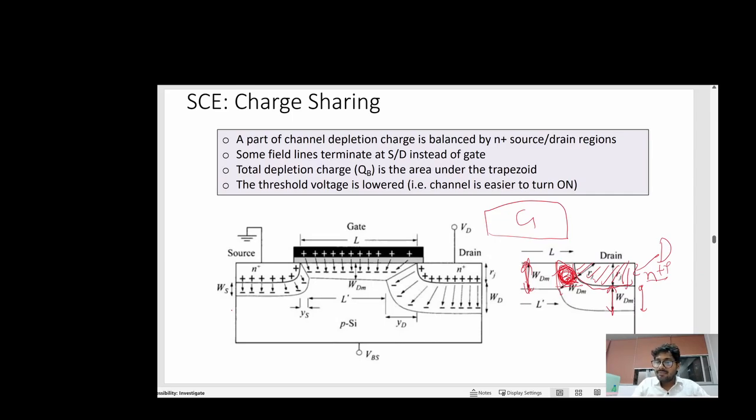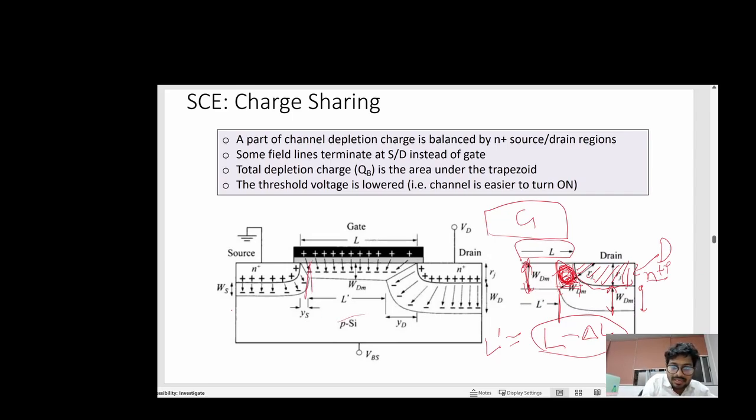Because of that, let us say this channel length was L. Now it is L minus delta L. So this is L dash. The effective channel length is L dash.